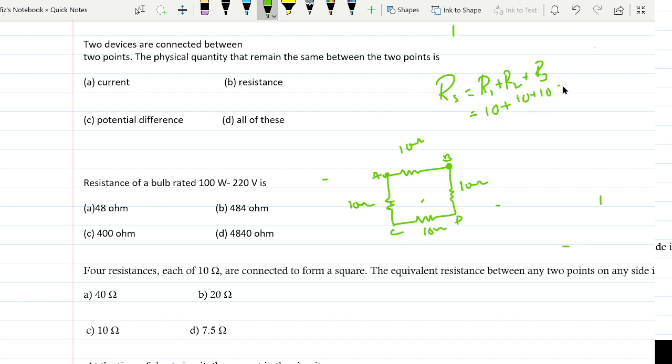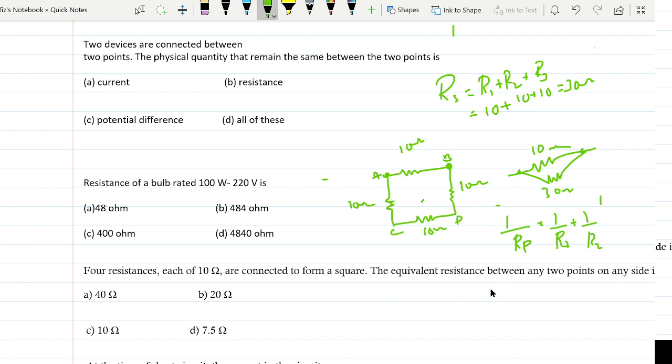So that gives out 30 ohm here. Means now I can draw the new circuit this way. It is 10 ohm and it is 30 ohm here. Yes, now you can see these two are in parallel.